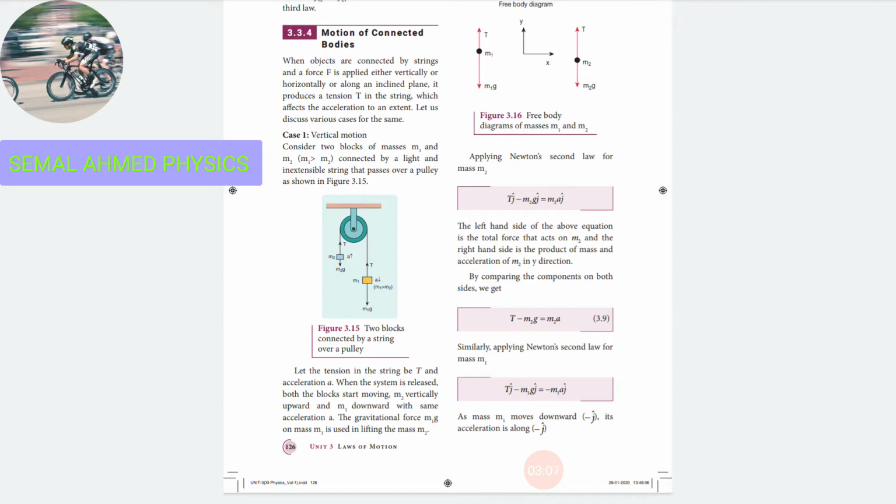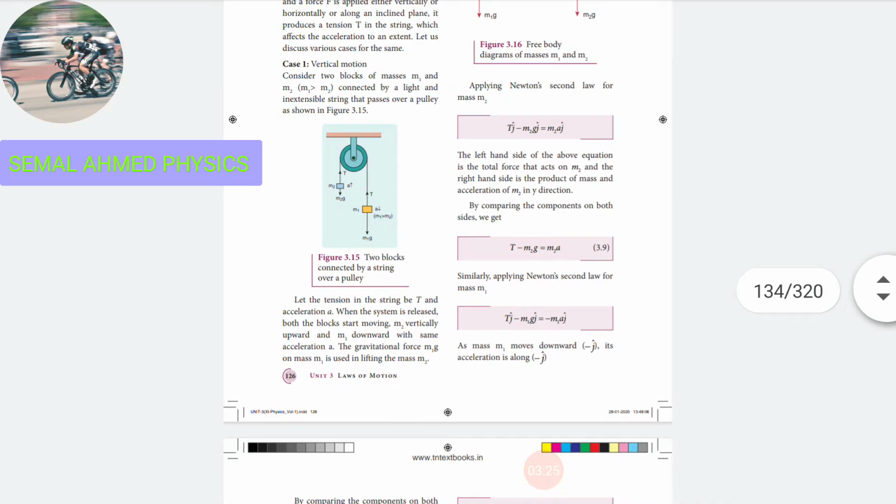Both these two forces act in opposite directions, so T minus m2g, using the coordinate axis j cap, is equal to m2a. This is acting in the y direction because it is a vertical case. Now the j cap cancels if you take the constant outside. So T minus m2g is equal to m2a.